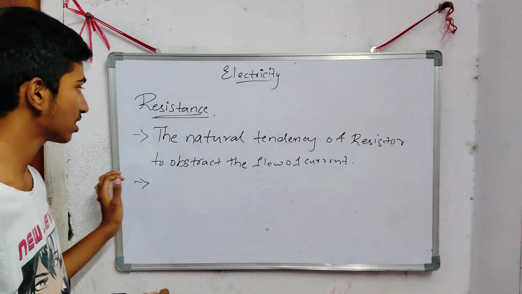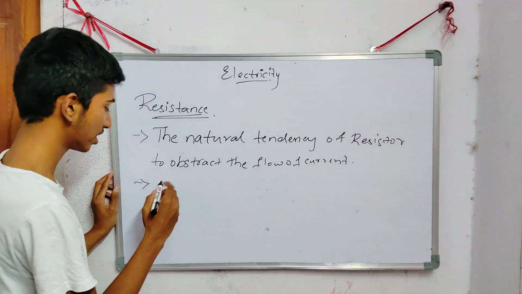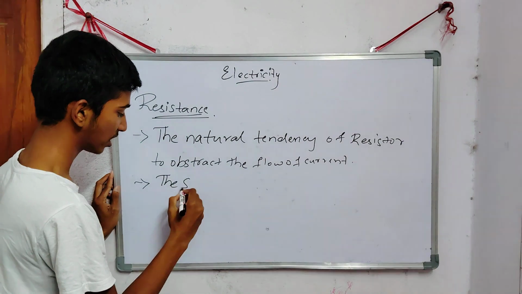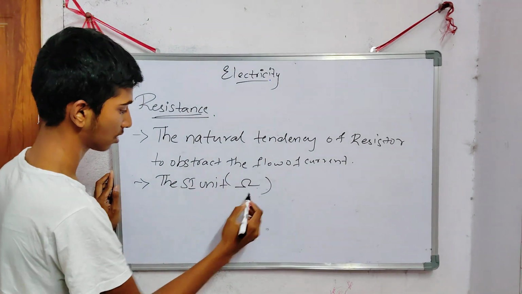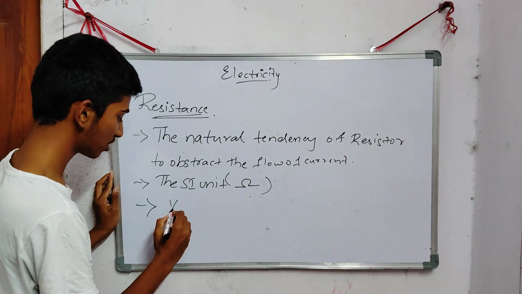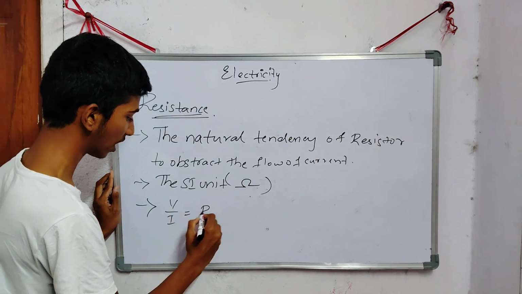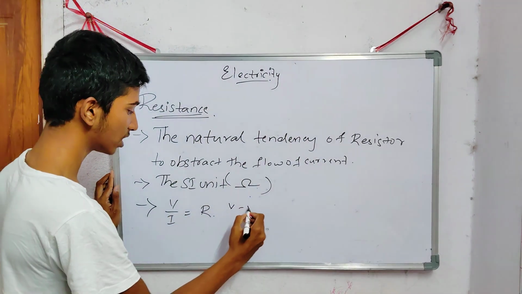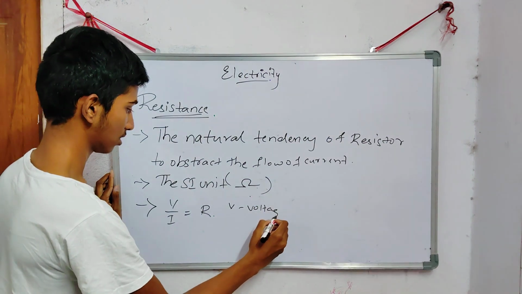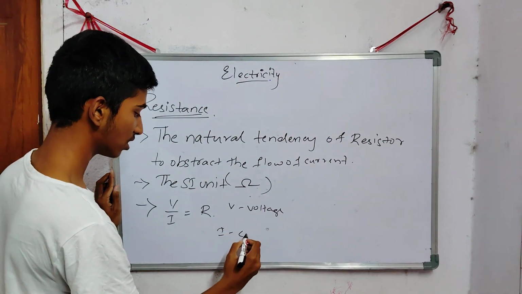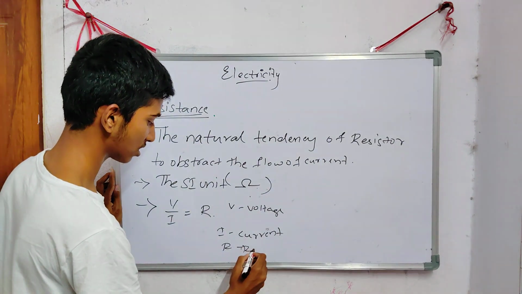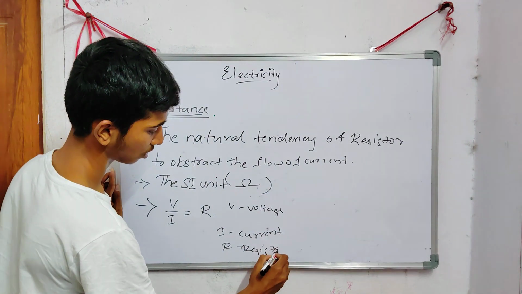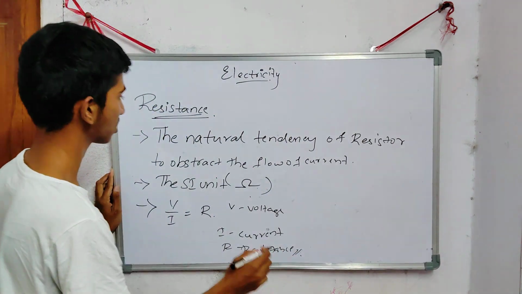The SI unit of resistance is ohm. The formula is V by I equals R. V refers to voltage, I refers to current, and R refers to resistance. Hope you understood resistance well.